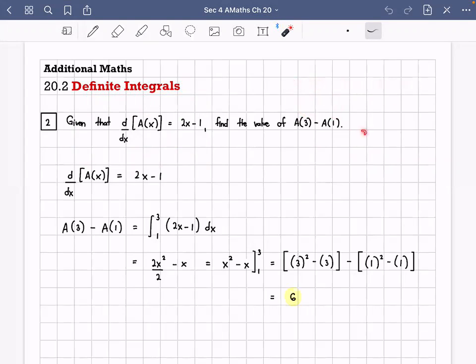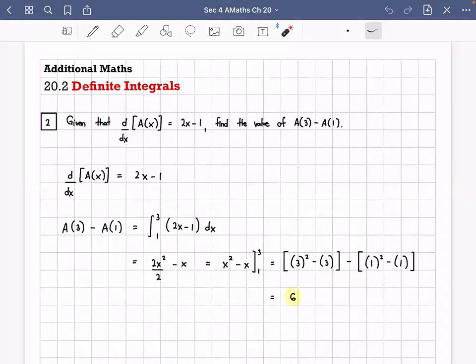When you write your integration sign, it starts from 1 until 3, and then you get the antiderivative of 2x minus 1. So I'll get the antiderivative of this first. Again, from 1 to 3, 3 being the upper limit, and 1 the lower limit.